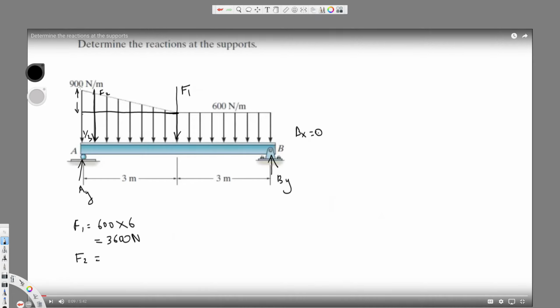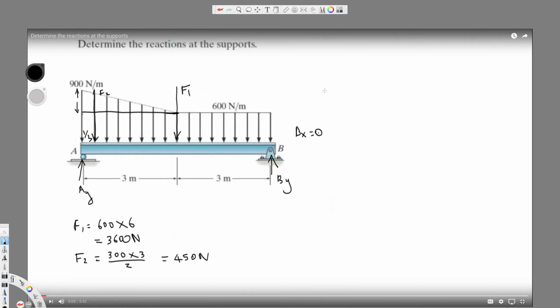So this is going to be 300 Newton per meter. That's going to be my height. 300 times this length, which is 3, and it's half times length times height, so it's divided by 2. Therefore the answer is 450 Newton.